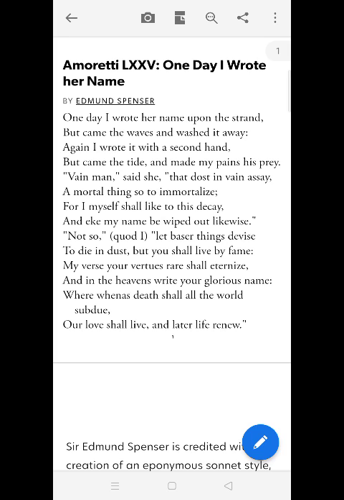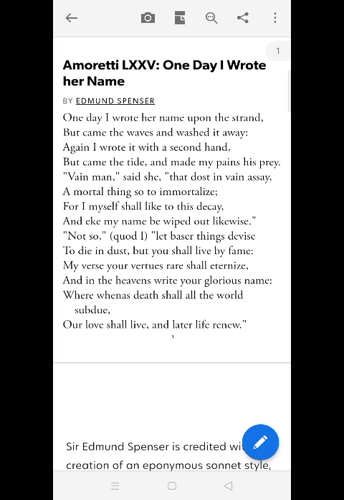Actually, he tries to challenge the god or nature by writing her name in a place that is going to perish in time. So let's begin the text of this poem.